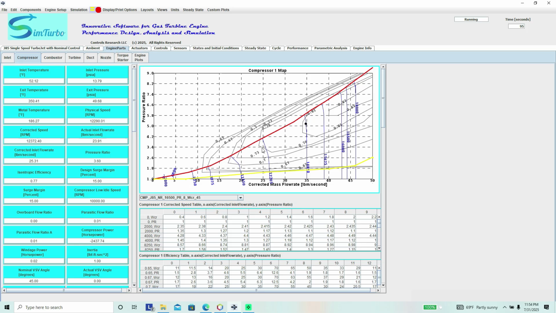But we still have a surge margin of around 15%. And again, on this graph, we see the compressor mass flow rate, the pressure ratio, the surge line in red, and the black dot that we're following to show the operating condition. The efficiency lines in black, and the speed lines increasing in blue.